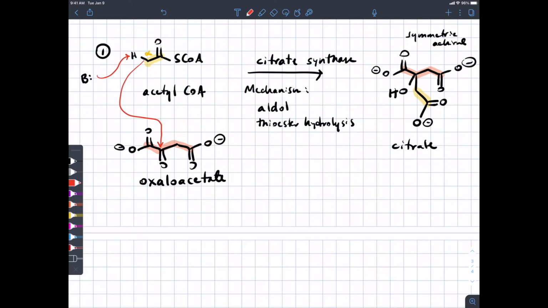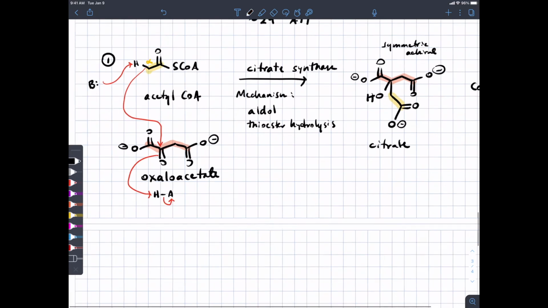And then at the same time, we could show a tetrahedral intermediate like this, but let's make our lives easier and just show the negatively charged oxygen on the resulting alcohol picking up a proton.